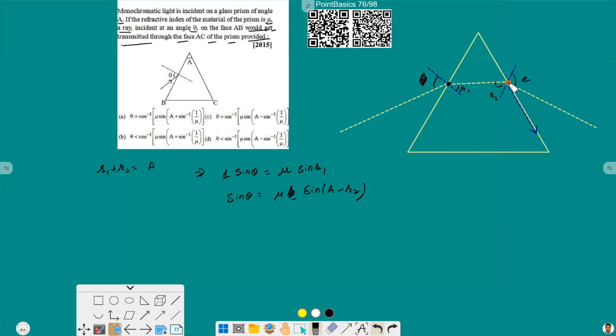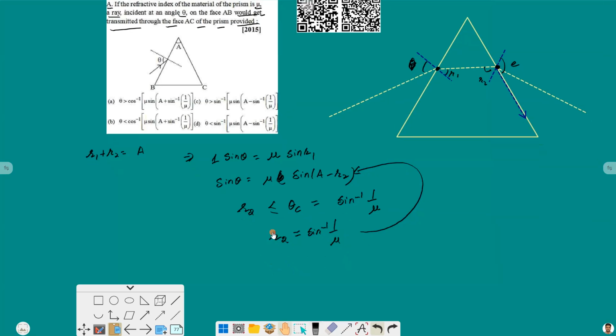Now coming to this point, if we want light to be transmitted on the other side of this face, this R2 must be smaller than the critical angle, and critical angle will be equal to sine inverse 1 by mu. So for the limiting case, we assume that R2 is equal to sine inverse 1 by mu, and we can substitute it in the given expression.